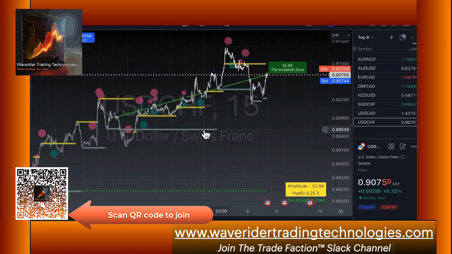And US dollar, Swiss franc, uptrend in the zone, long wave phase, looking for longs. This one's hyperextended, so this one I would just ignore for now. Gotcha. Yeah, I think when they fire, you're going to get a whole bunch of them all at once. So get ready for that to happen.